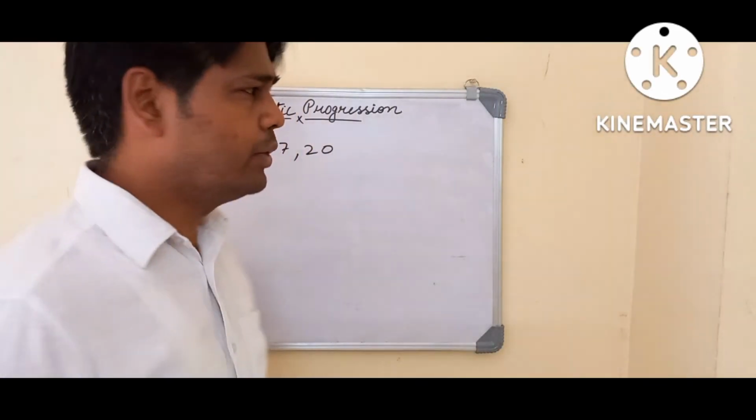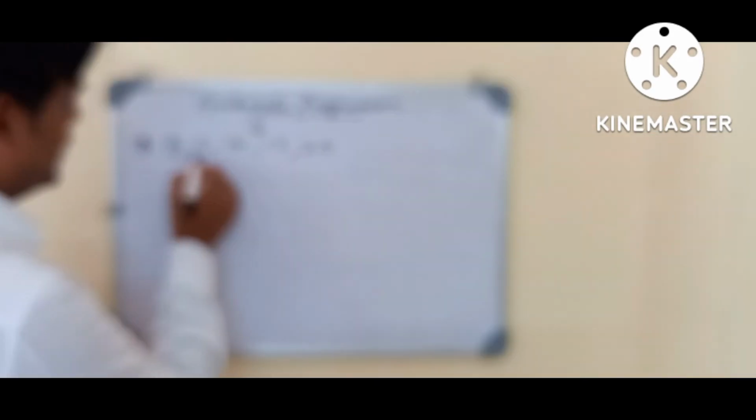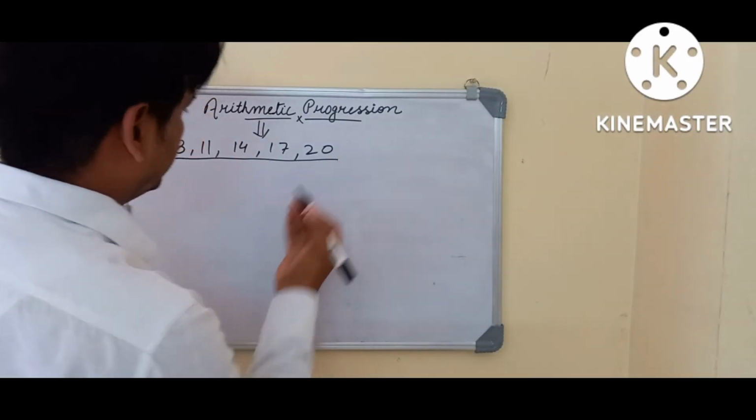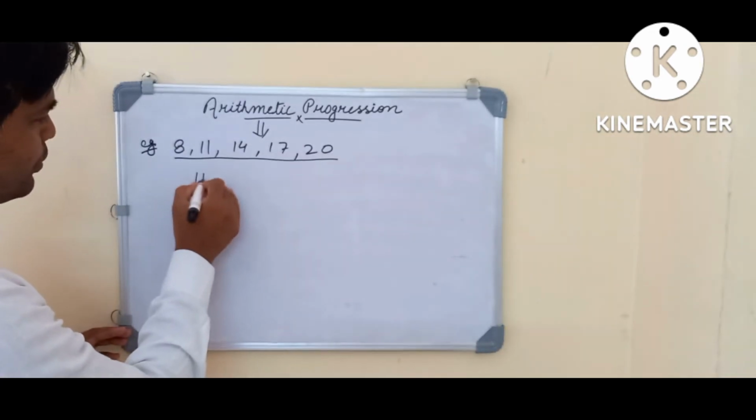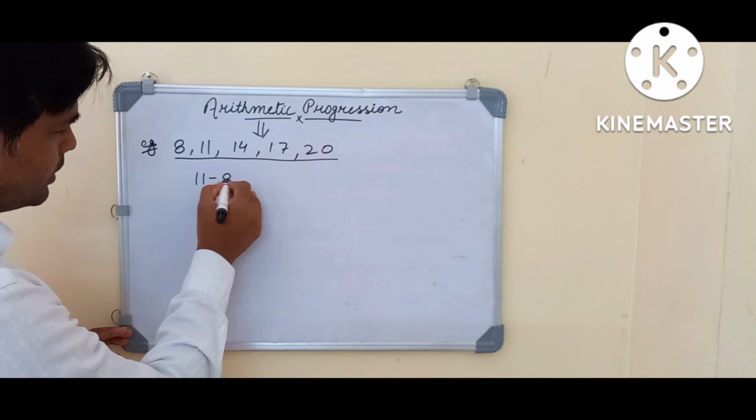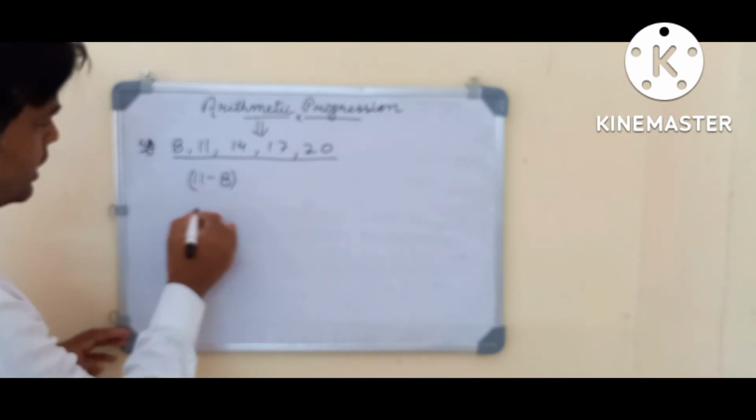Let us try to understand the arithmetic progression with an example: 8, 11, 14, 17 and 20. In order to find whether this given sequence is in arithmetic progression or not, we have to find the difference between two consecutive elements.